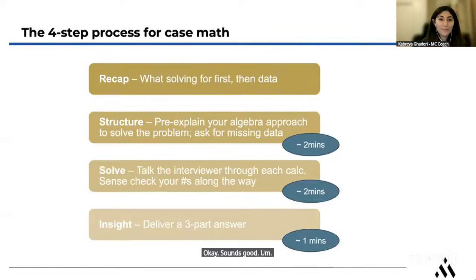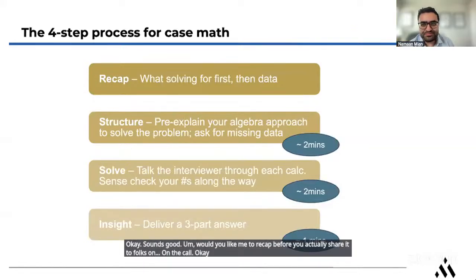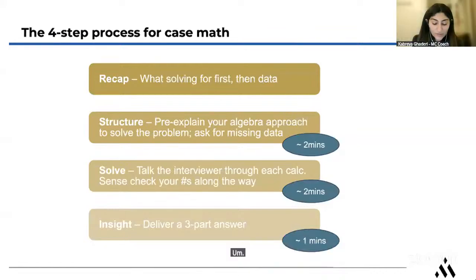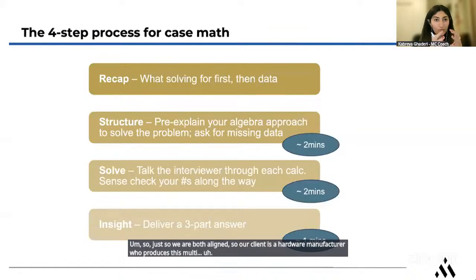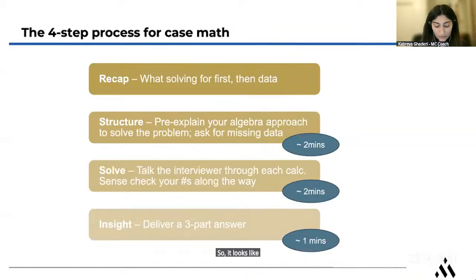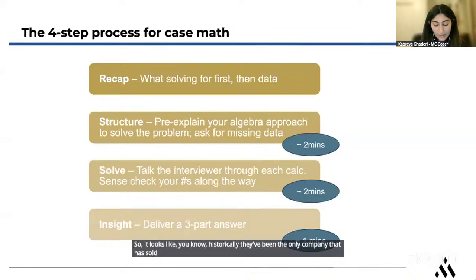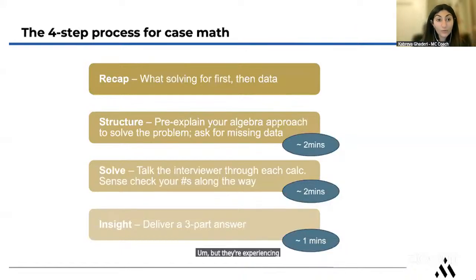Would you like me to recap before you actually share it to folks on the call? Okay. Let's do it. Okay, great. So just so we are both aligned, our client is a hardware manufacturer who produces this multi-purpose tool with one core base and multiple attachments. It's really helpful to get that visual in my mind. So it looks like historically they've been the only company that has sold this, but they're experiencing declining revenue most recently.